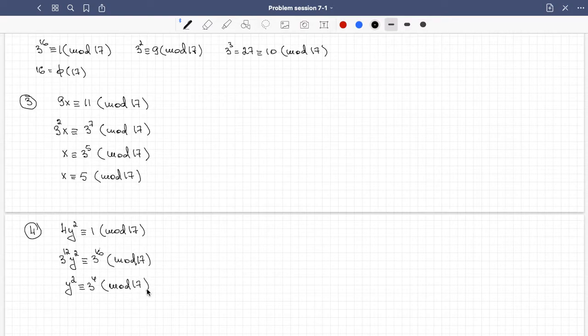I would not recommend at that moment to take the square root. Instead, we are solving a congruence, not really an equation. So it's not equal but congruent. What is written here? We can rewrite it as 17 divides y squared minus 3 to the 4.